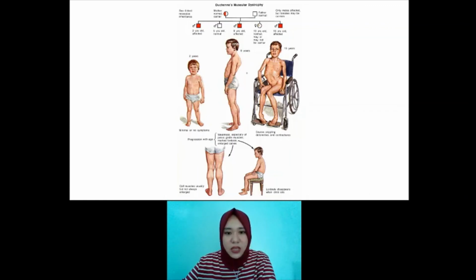But when they reach a particular age, you could see their body slowly deforming, because again, that's because of the weakness of the muscles. And then as they reach the age of 15, this is how they would probably look. They always end up in wheelchairs because again, they cannot support themselves. So that's DMD. Okay, so we're done.